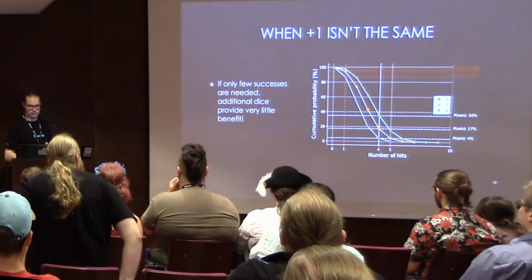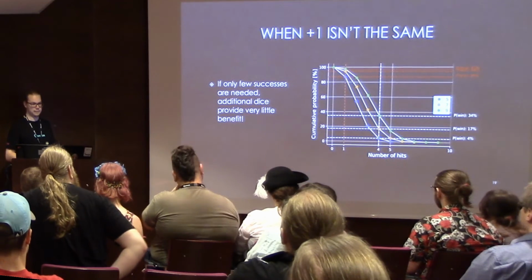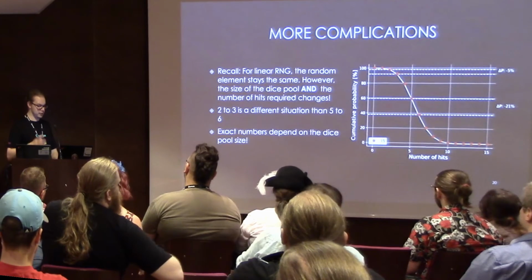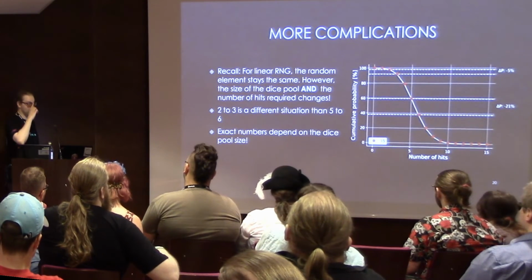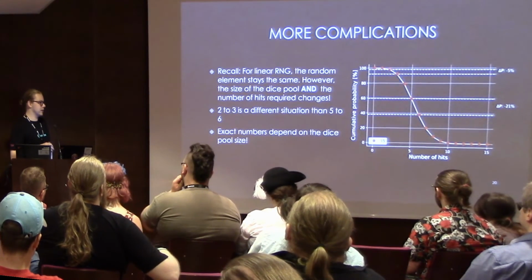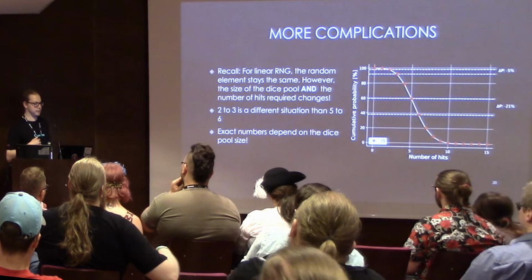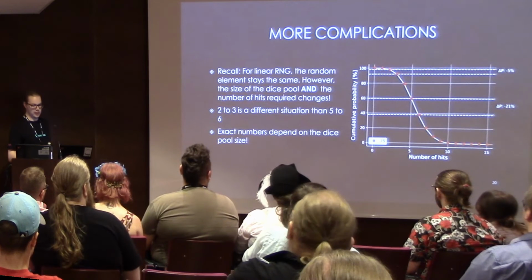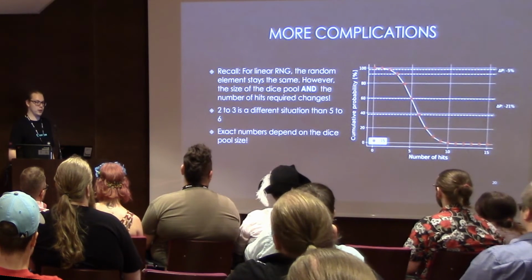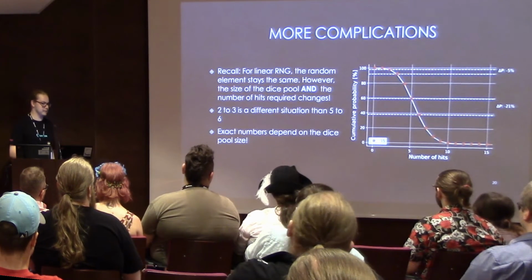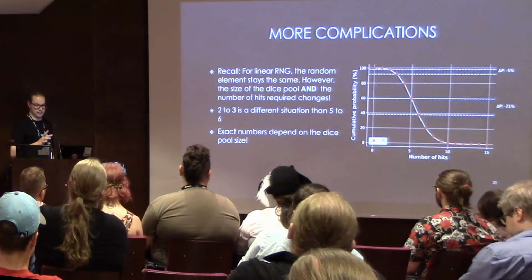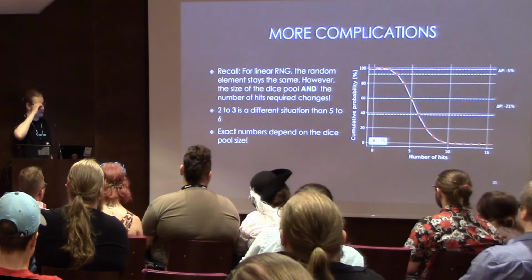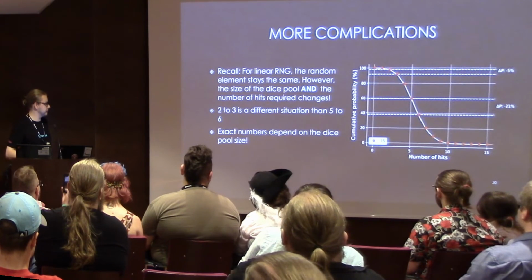Now secondly, not only is the +1 not the same, but if we change the difficulty of the task, and as you might know, the difficulty of the task is usually denoted by the number of hits you need to score to succeed, that is also different depending on where you are in the probability distribution. So here I have an example of a cumulative distribution of 15 dice.